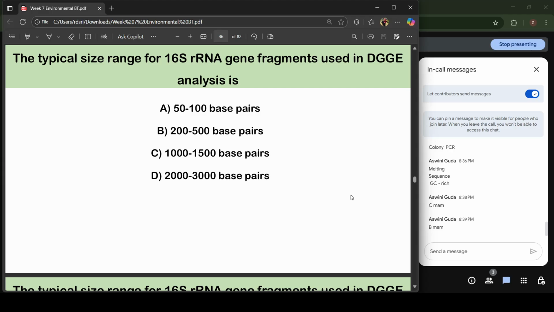So the next question is about the typical size range of 16S rRNA gene fragments used in DGGE analysis. So what can be the ideal range of the DNA fragment size? It should neither be too less nor too high.